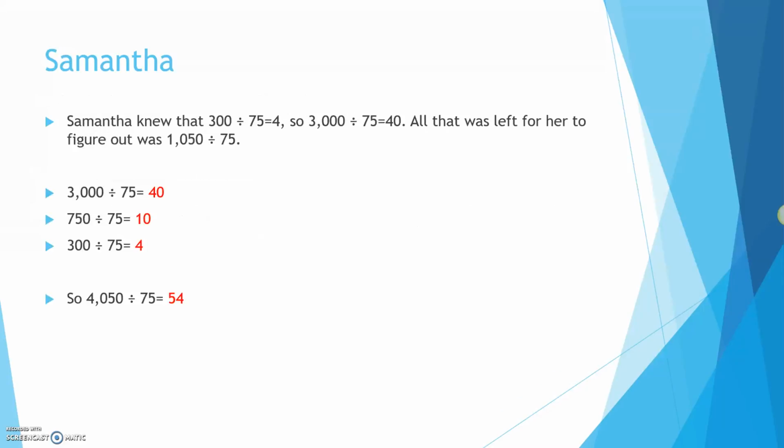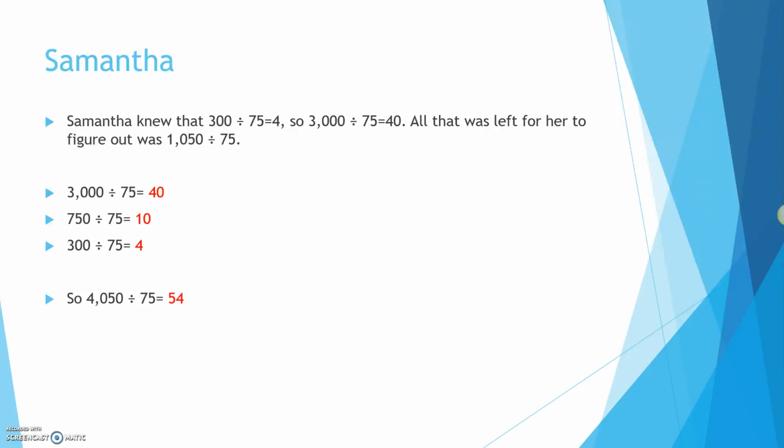So Samantha, she used a problem that she already knew to help her come up with a larger problem. So she knew that 300 divided by 75 equaled 4. So then by knowing that, she knew that 3,000 divided by 75 had to equal 40. So now all she had to figure out was 1,050 divided by 75.